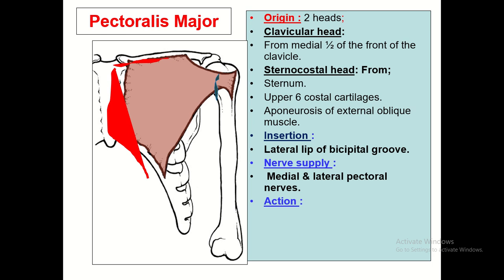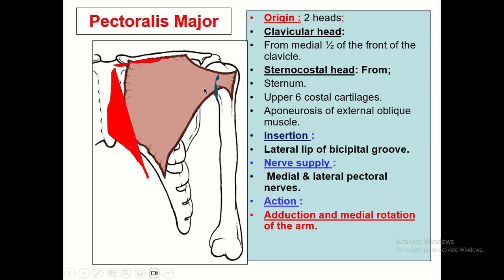What about the action? What is the action of the pectoralis major? The pectoralis major is a muscle of adduction. It pulls the humerus towards the midline, and it also pulls the head of the humerus towards the midline, thereby forming a rotatory movement, which is termed medial rotation.